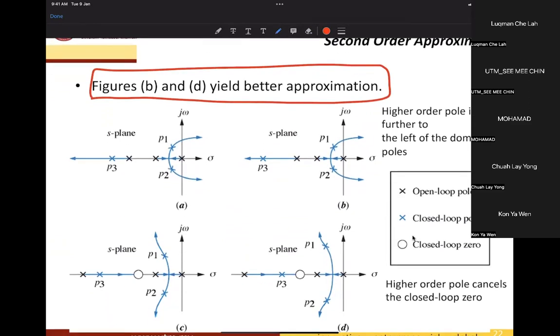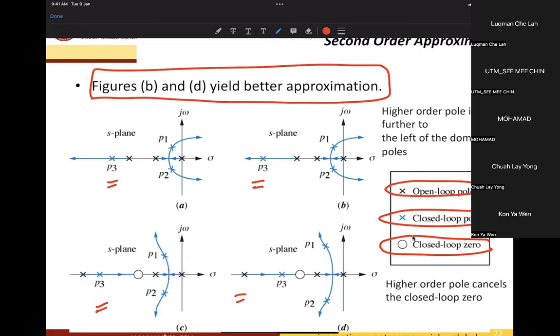So we have open loop poles as here, closed loop poles as blue, and closed loop zero as circle. Open loop is black, closed loop is blue. The closed loop poles are actually the root locus. You can see the location of P3, here, and here, and here when we add the zero.